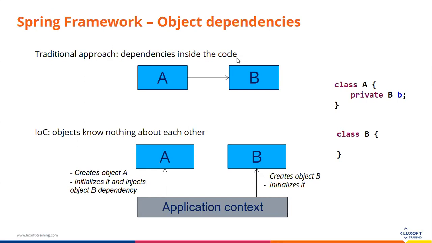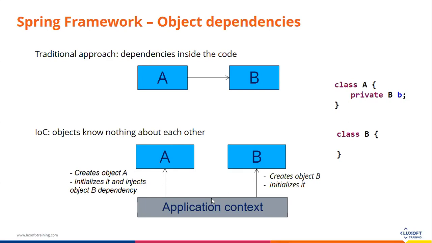We have a question already here, but we'll answer at an appropriate moment. So we're saying that in the inversion of control approach, objects know nothing about each other. This A doesn't know anything about B, and it is the container that takes control.